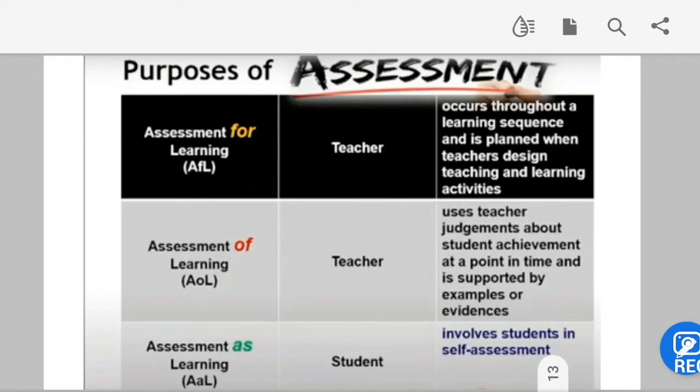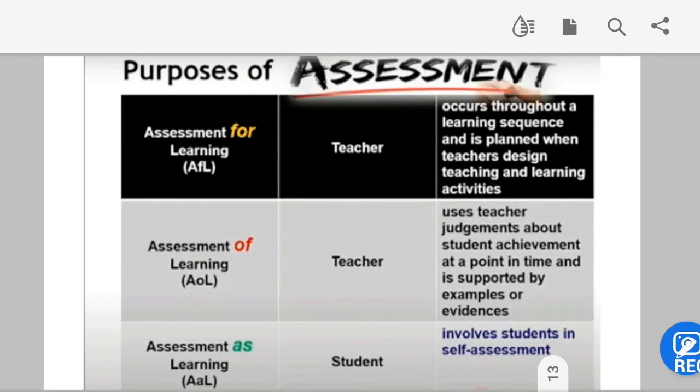What are the purposes of assessments? The first one is assessment for learning. Assessment for learning is when each and every day they keep on conducting tests. Based on that performance level, the student has to improve themselves with the guidance of the teacher.